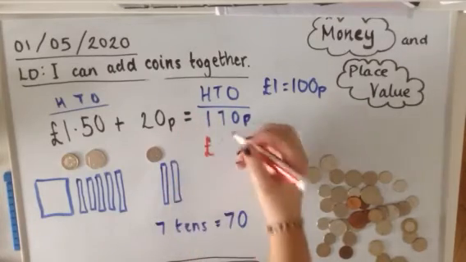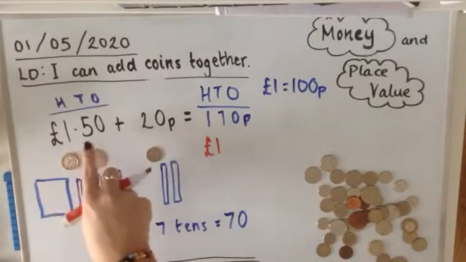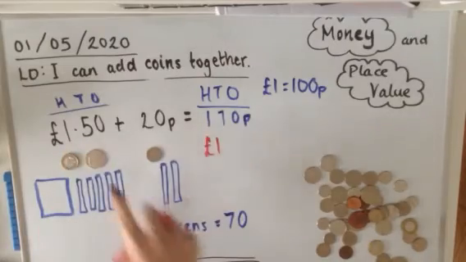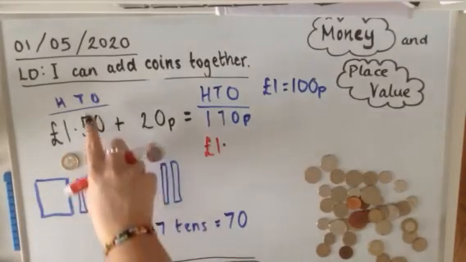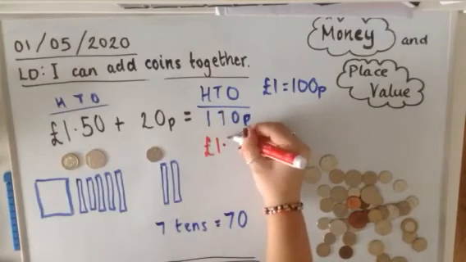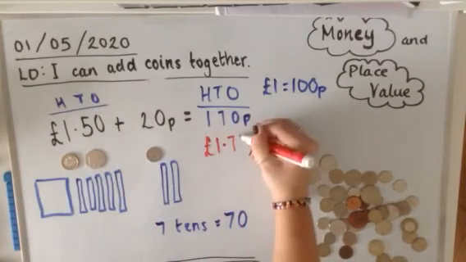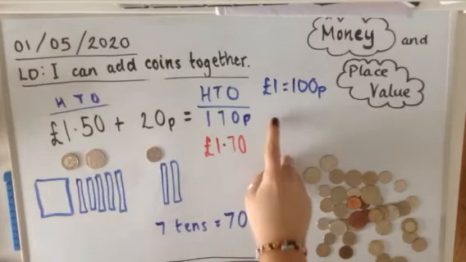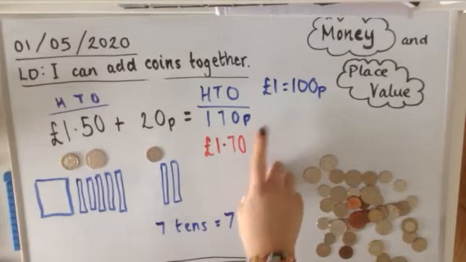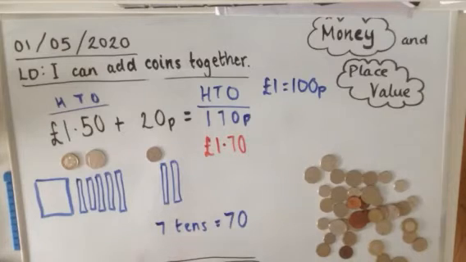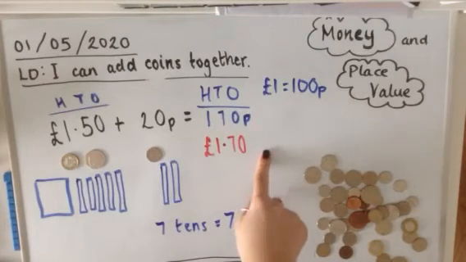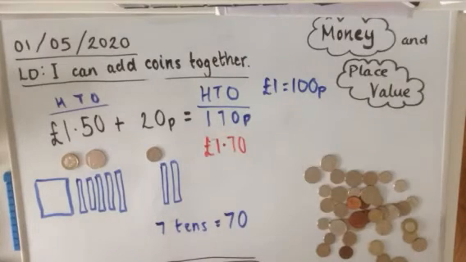I have 100, same as the £1.50, so I have £1, then I put this little dot here, and my tens is 7 and my ones is 0. So you could either have 170p or £1.70. Okay, either one would be correct, but this one is the one that I'm really going to be looking for when you're doing your working out.